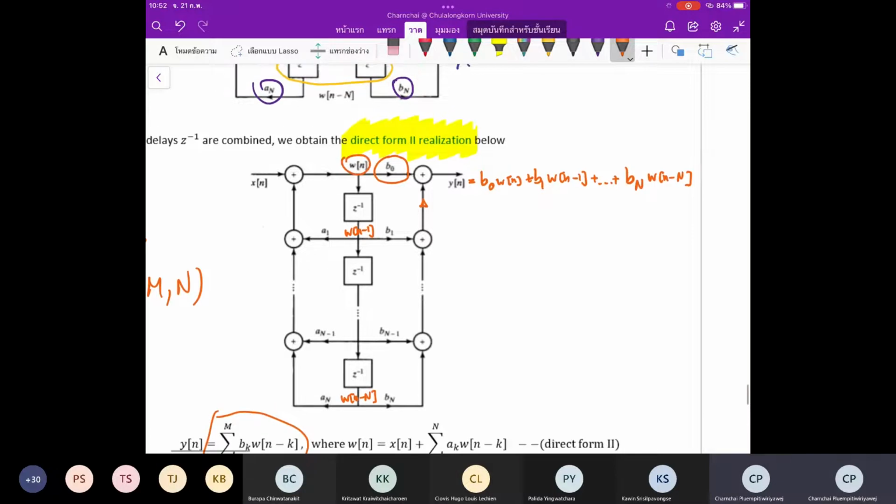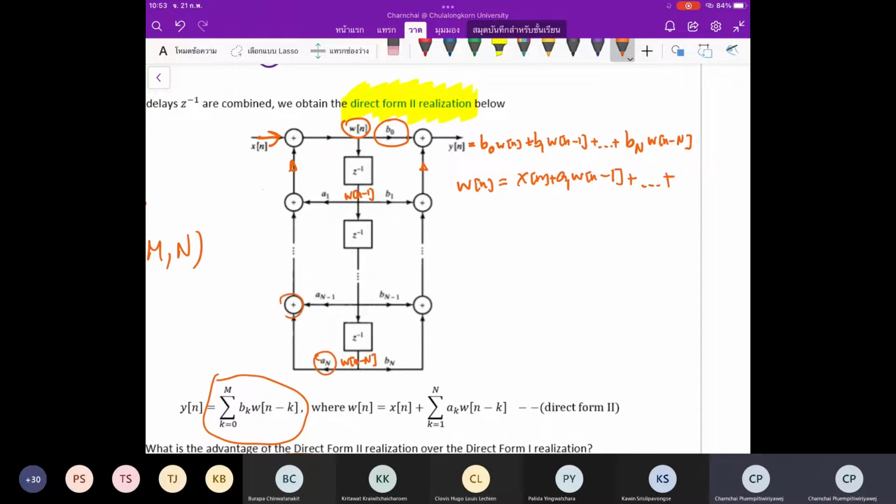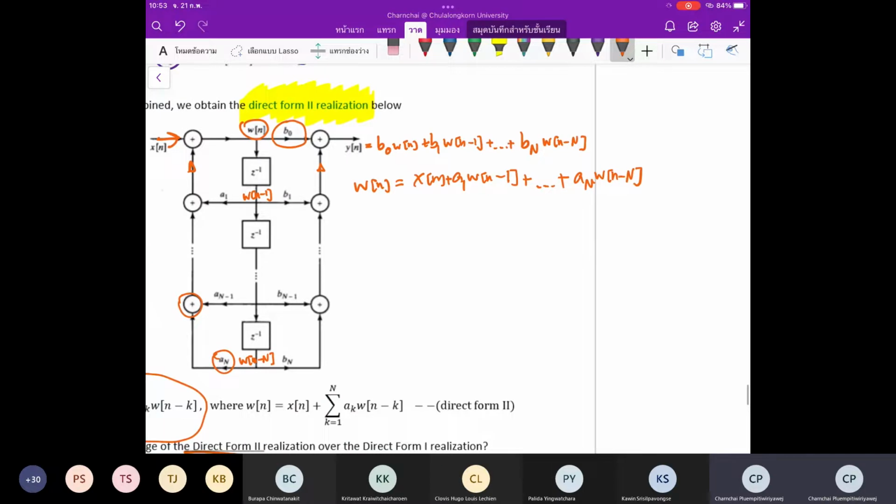And then you have to find out what wn is. That's the intermediate state. According to this, wn is going to be xn, which is this leg, plus a1 wn minus 1, plus dot dot dot until the last one, aN wn minus capital N, according to the picture.